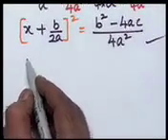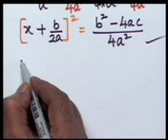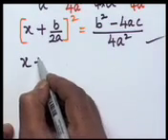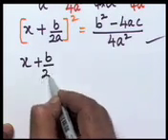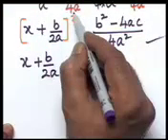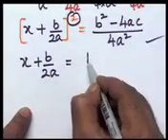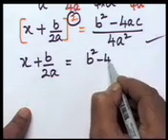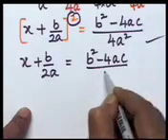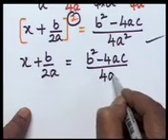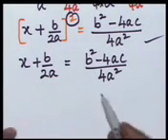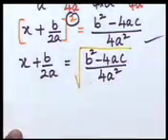So watch the screen, please. That's x plus b over 2a. x plus b over 2a stays here. I'm transferring that square, please, to the right hand side. So let me copy that first. b squared minus 4ac all over 4a squared. Then we'll have a nice square root.